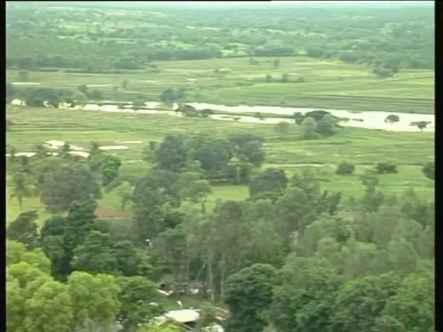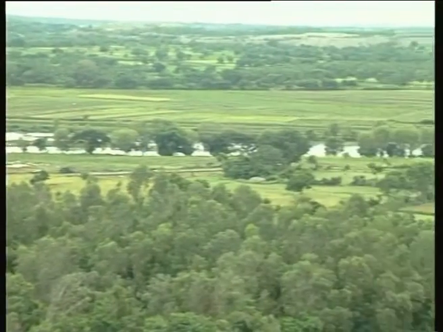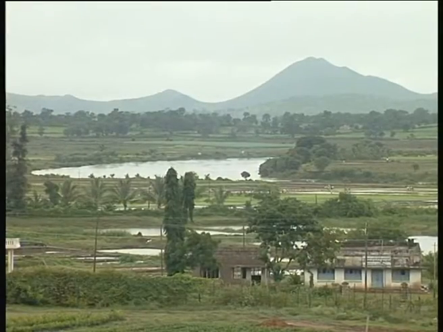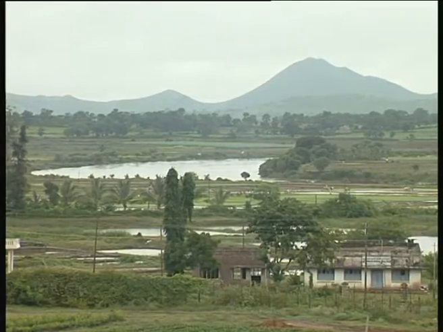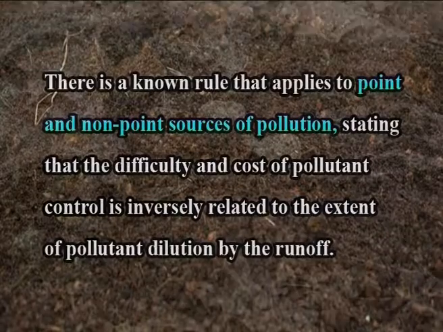Furthermore, the pollutants to be removed or controlled should be those that are of greatest concern in improving the quality of surface water and that violate water quality standards. There is a known rule that applies to point and non-point sources of pollution, stating that difficulty and cost of pollutant control is inversely related to the extent of pollutant dilution by runoff.